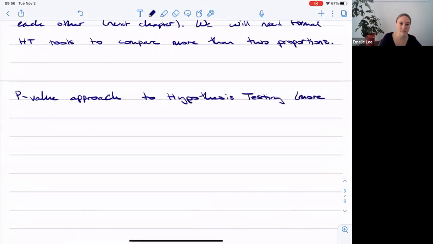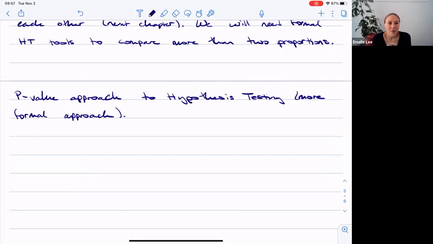I'll put in brackets that it's a more formal approach, and it's typically how we introduce hypothesis testing. We don't typically start with a confidence interval, but I think this makes the connection a little bit nicer. So the p-value approach, now, what's going to change?